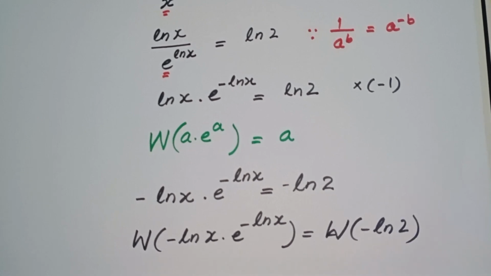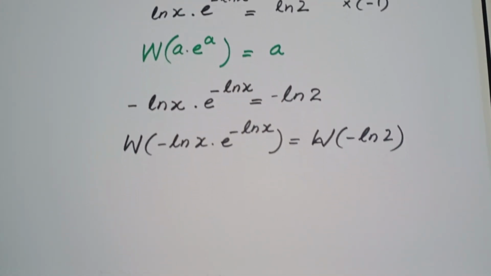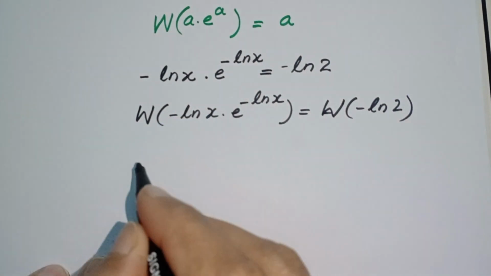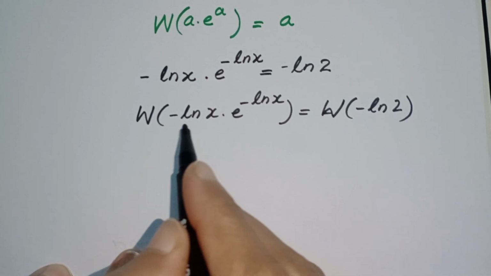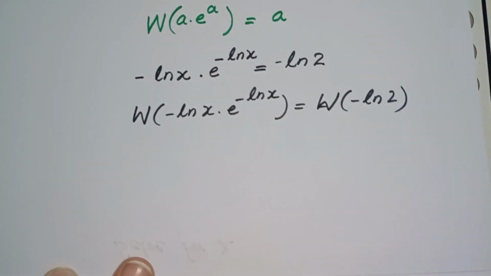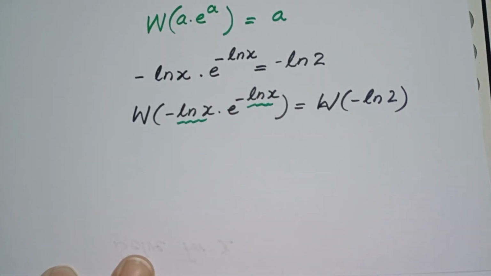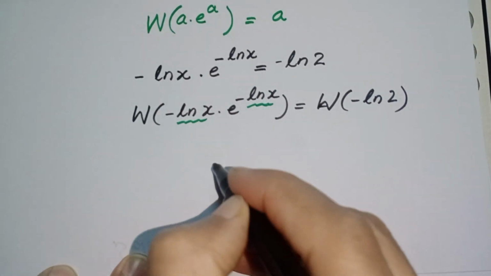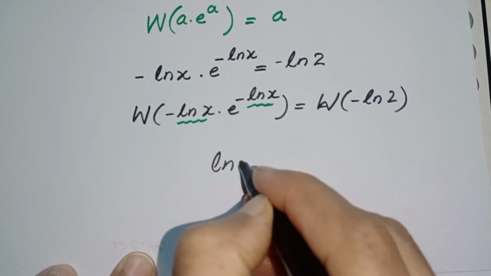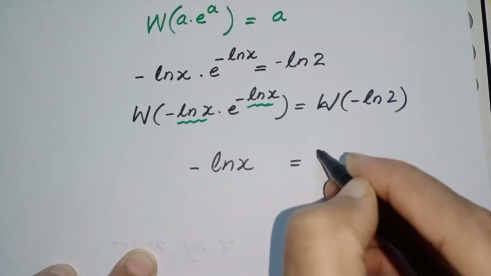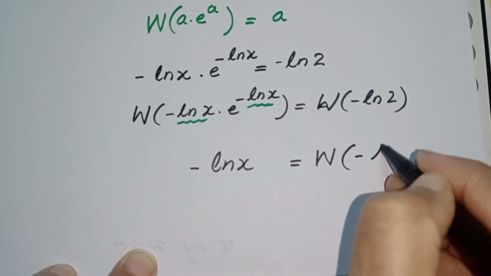In our next step, we have minus natural log x, it is a, and e to the power minus natural log x, it is a. So we will write minus natural log x is equal to the Lambert W function of minus natural log 2.